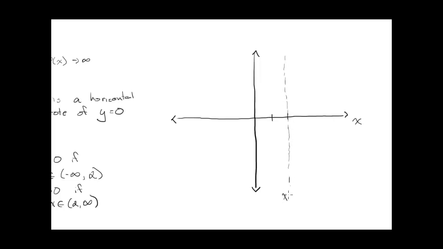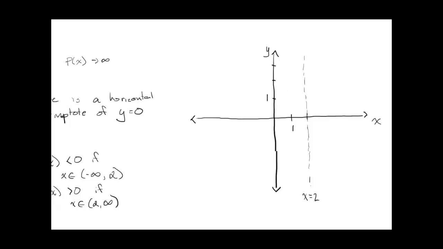So this would be x equals 2. Label your scale as well. Put a y scale on there, so that'll be 1. So put on your asymptote. So x equals 2 is 1. Y equals 0 was the other one, which is the x-axis, so I don't need to put that on.